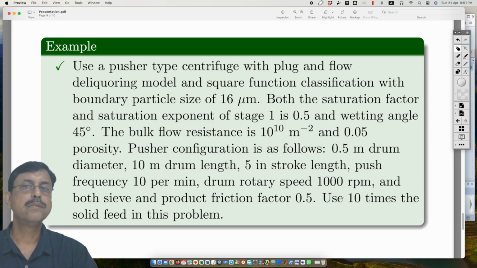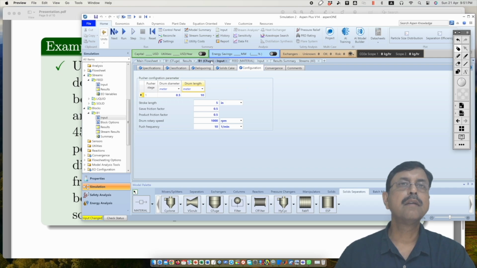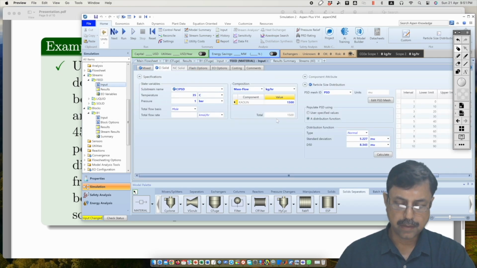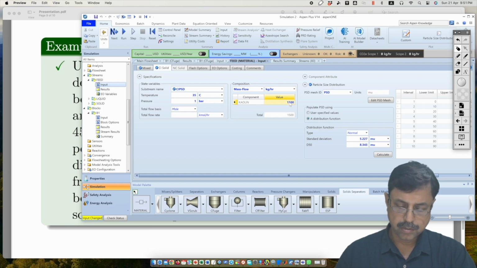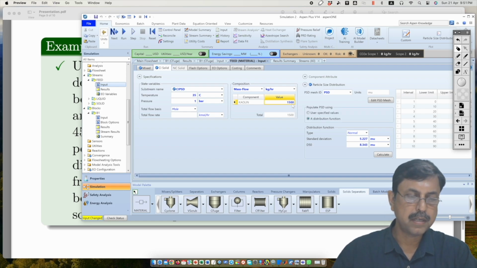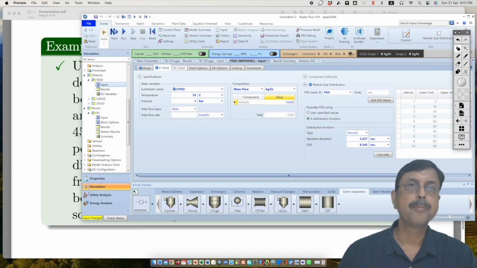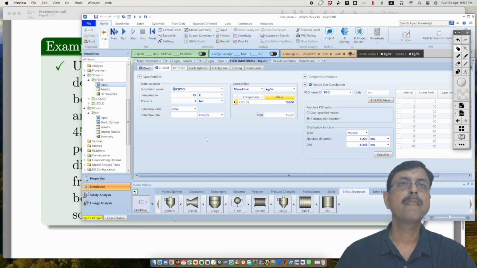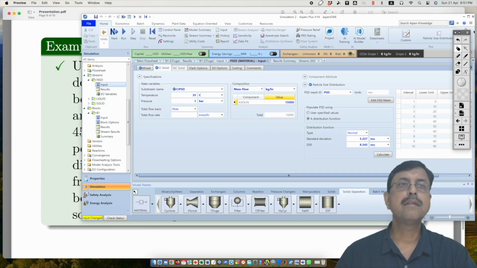The solid feed, actually, we had taken 1500, right? Yeah, 1500. So take it as 15,000. That's what it says, that in pusher we need a lot of solid, so 1500 will be too little. Okay, so the problem is set. We can run it.